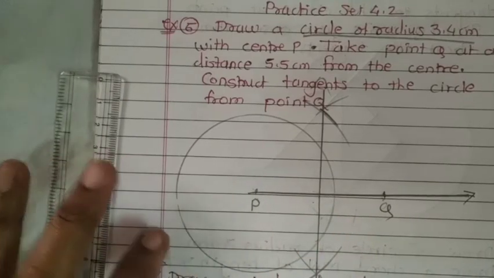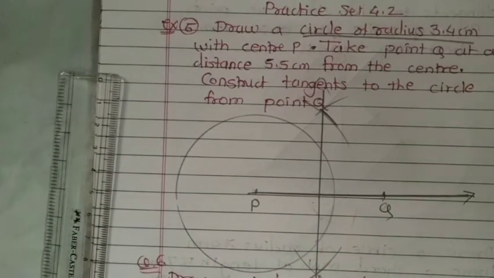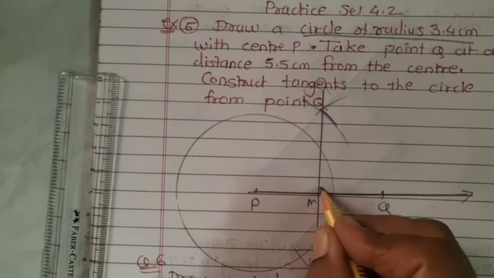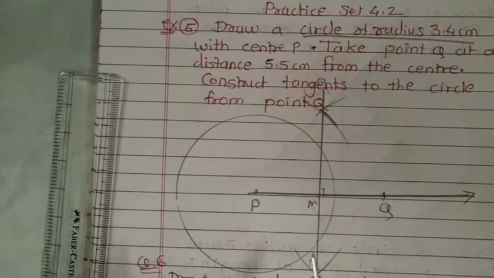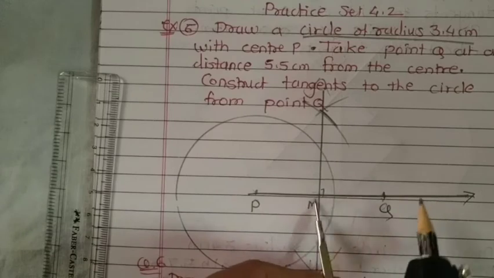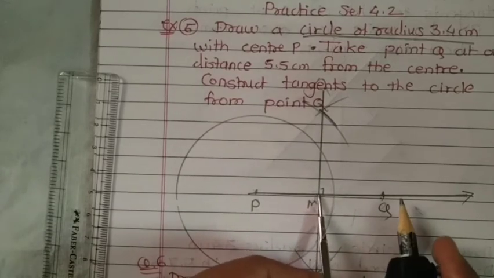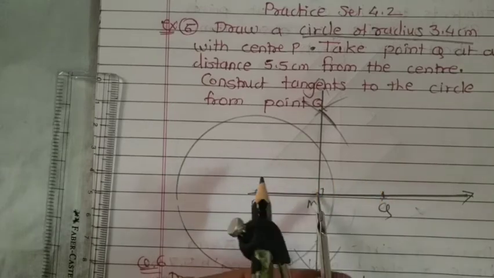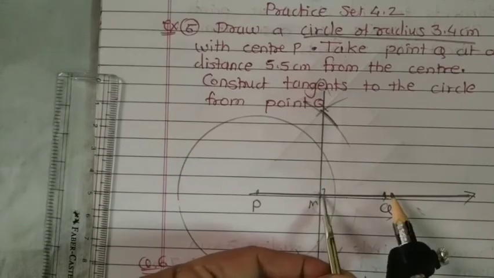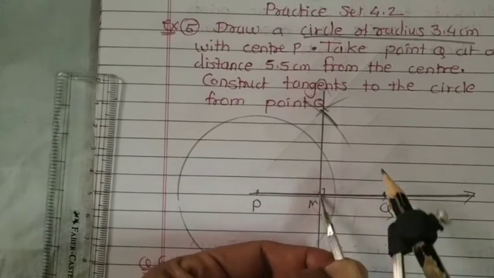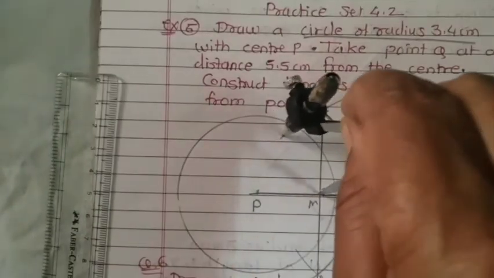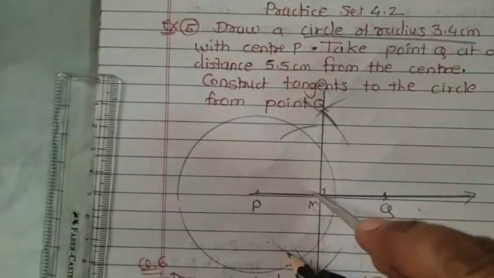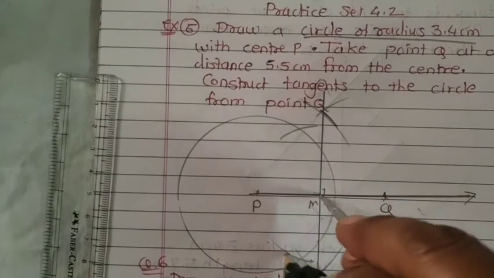After that, suppose this M is the foot of the perpendicular. Taking M as center and MQ as radius, MQ or MP, because both the points are at the same distance, we draw arcs which intersect the circle here.